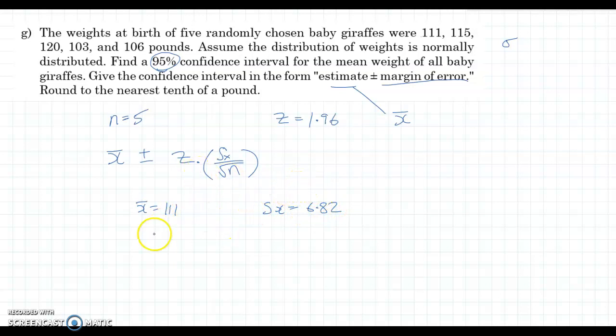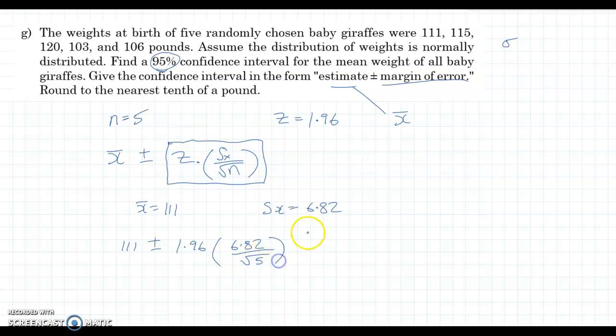Now we can work out our estimate plus or minus the margin of error. So we have 111 plus or minus 1.96 multiplied by 6.82 all over root n, where our sample size n is 5.